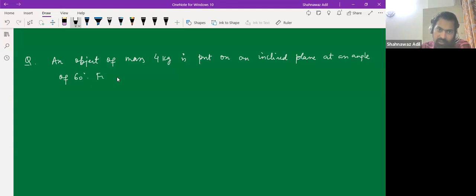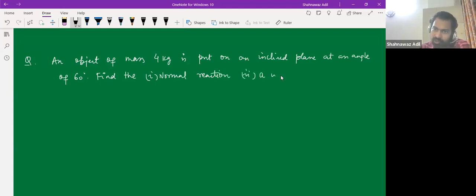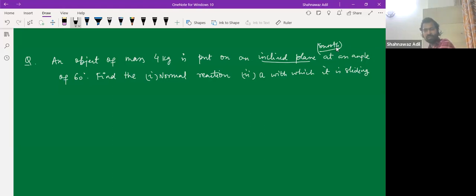Find the normal reaction, and second, the acceleration with which it is sliding. Assume that this inclined plane is smooth, meaning no friction. Please calculate and tell me your answer, guys.